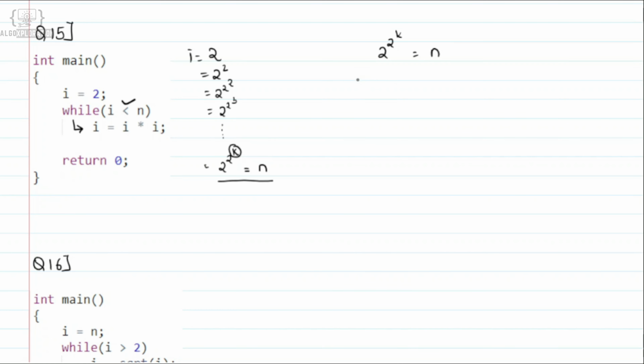Applying log on both sides, 2 raised to k equals log n base 2. Again applying log on both sides, k will be log n. Therefore we can say that the time complexity of this problem is order of log n.